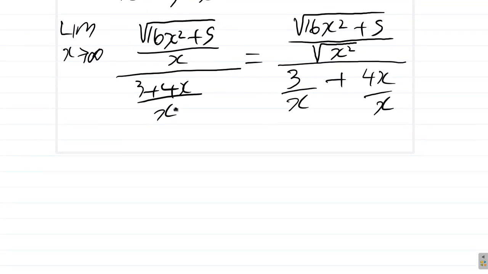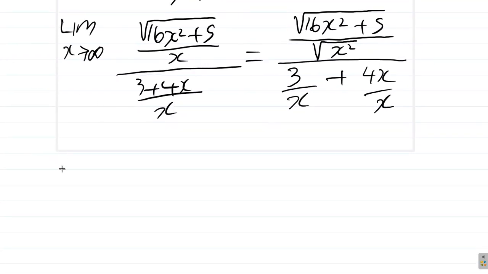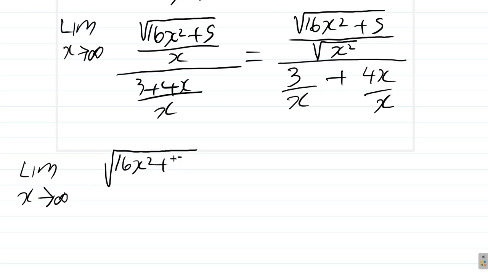Now what's going to happen after? We have the limit as x tends to infinity of this, which is going to be 16x squared plus 5 divided by x squared, right?